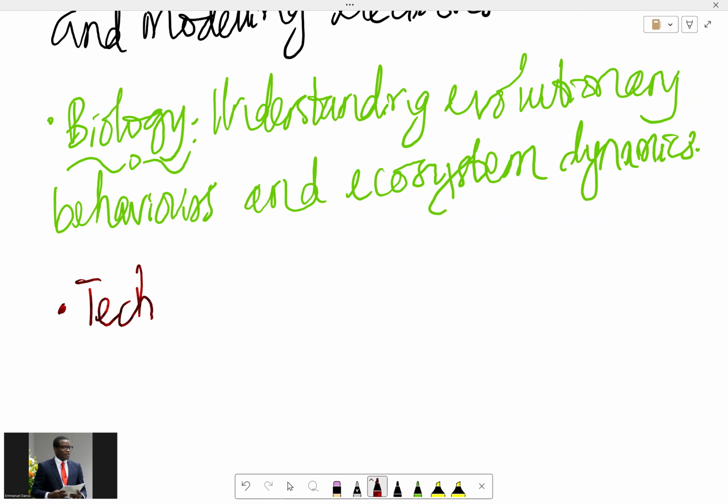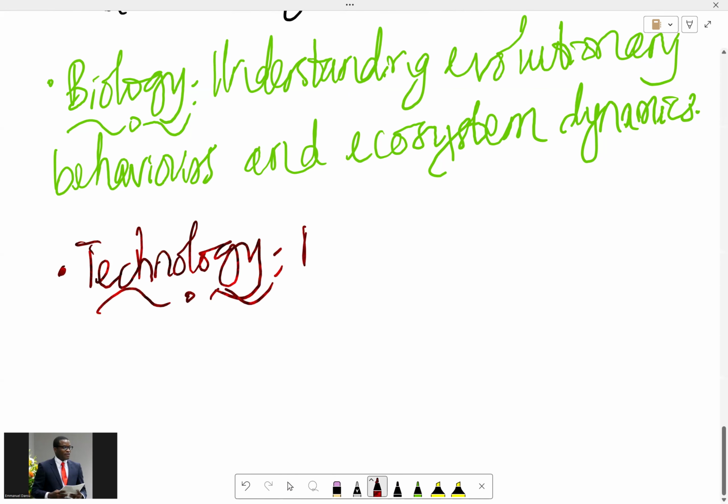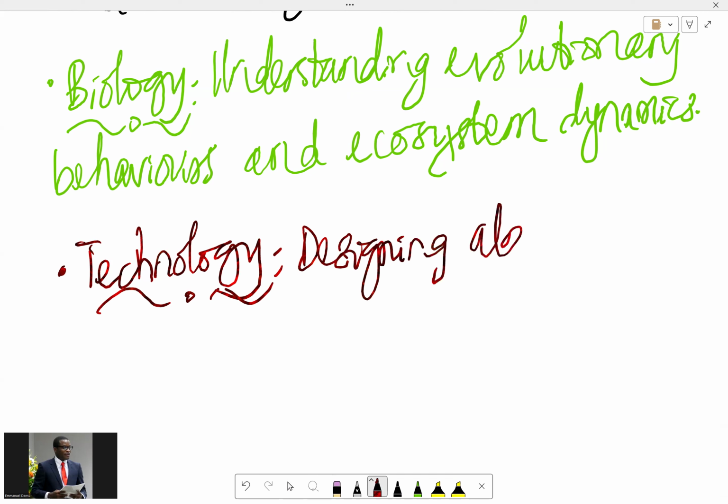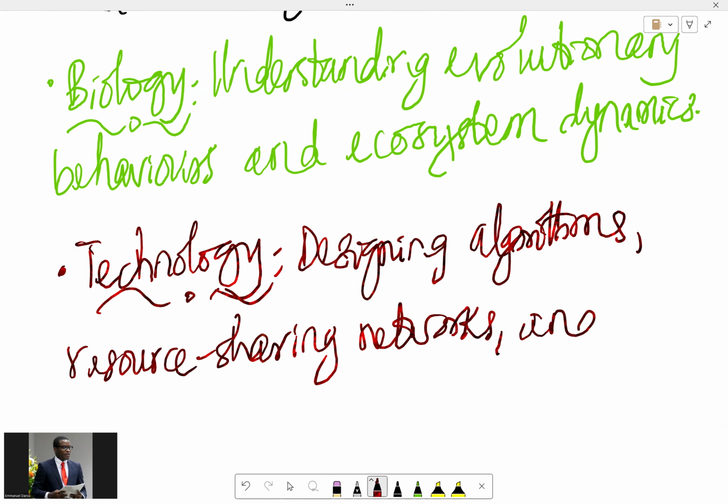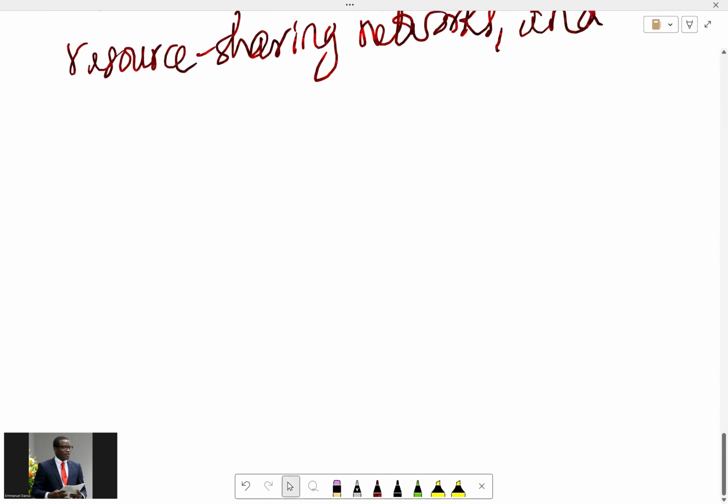So we can have game theory also in the realm of technology. Here we can use game theory in designing algorithms, resource sharing networks, and cybersecurity strategies.